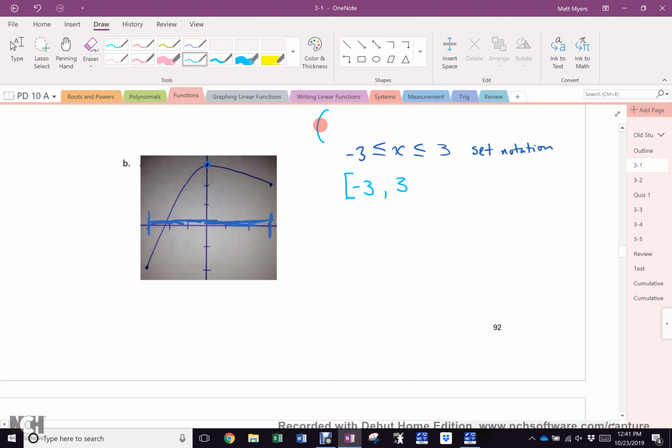Because those are actually parentheses. But square brackets, some people call them hard brackets. I'm sure there's a musical term for it. I do not know it because I do not read music. And this 3 is included, so I put a hard bracket. Everybody cool? This is called interval notation.